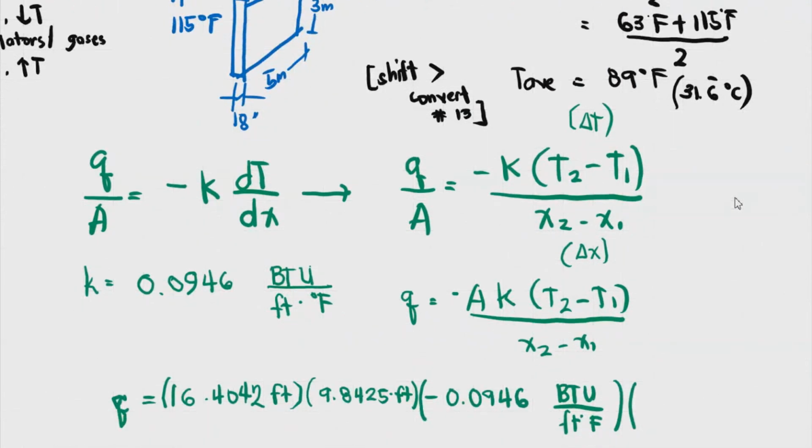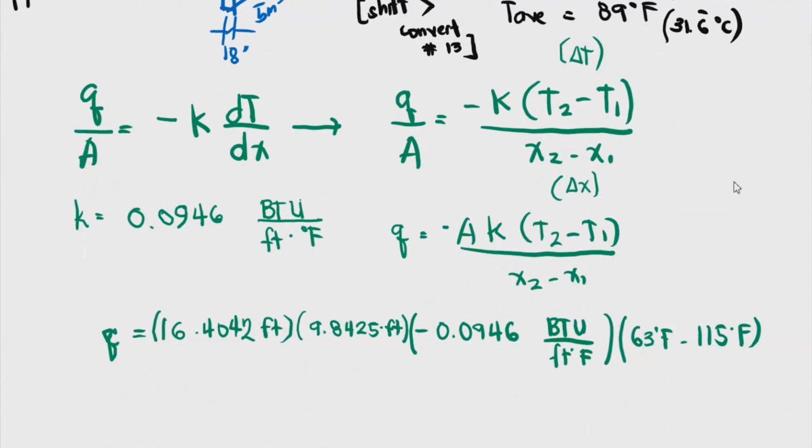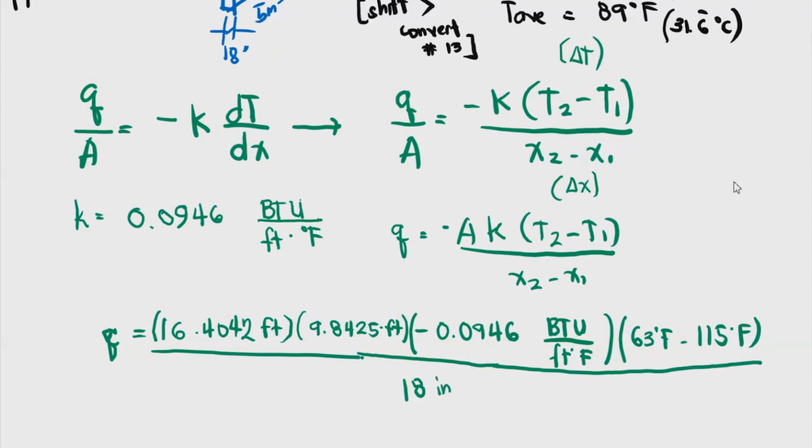So with that, we have 63 minus 115 divided by the thickness, which is 18 inches. So 18 inches should also be converted in terms of foot or feet, since these are all already in feet. So we just need to divide this by 12 inches.